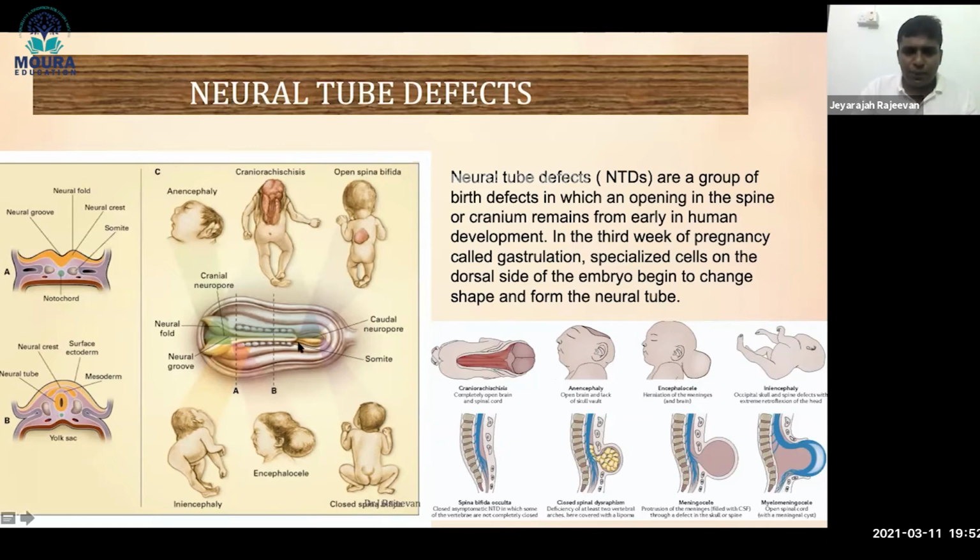Through this incomplete or weak fusion, the brain matter might come out. Here you can see the brain matter is out. So the brain matter or nervous system might come out through this defect, or sometimes the meninges might come out with the cerebrospinal fluid. So ultimately, it is a neuronal developmental problem.